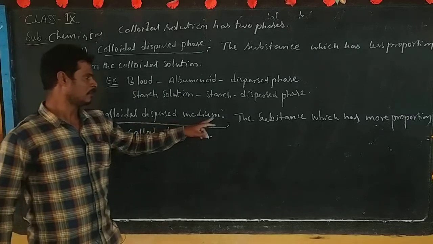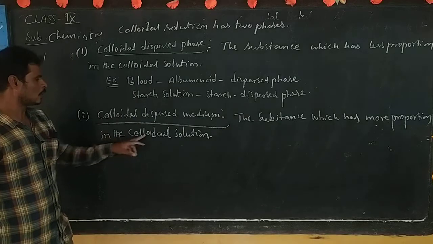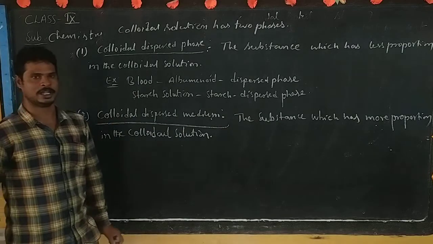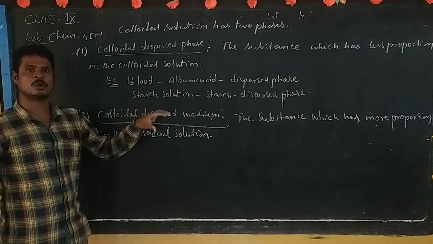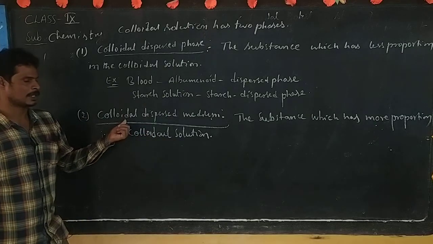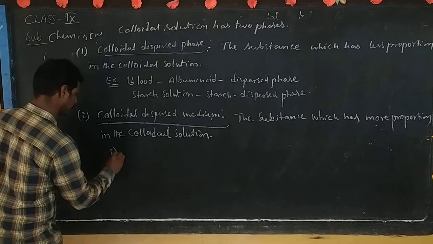Colloidal dispersion medium. The substance which has more proportion in the colloidal solution is called the colloidal dispersion medium. So the substance present in the greater amount in the colloidal solution is called the dispersion medium. What are the examples?